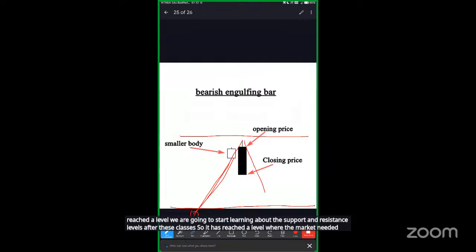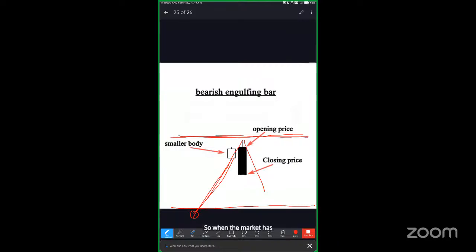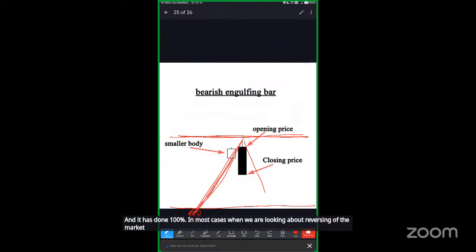It is being resisted. Price is being resisted here. So when the market has moved from low to high, and it has done 100%, in most cases when we are looking at the reversing of the market, it means there is a 100% move that the market has made.